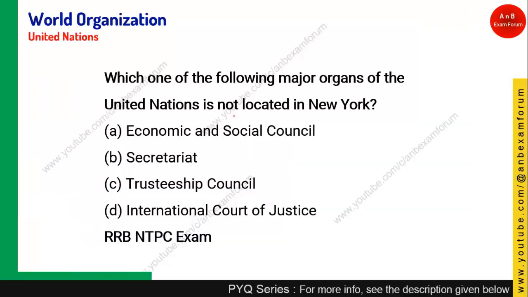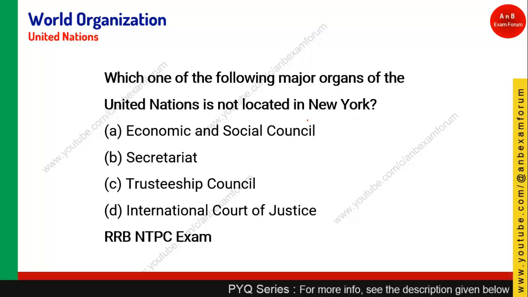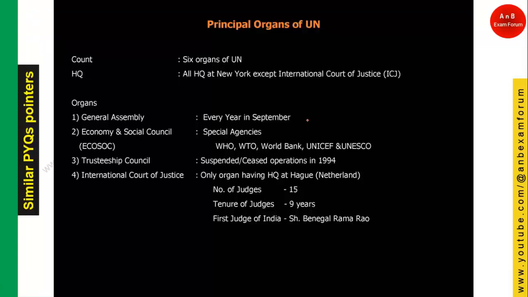Coming to the next question. Which of the following major organs of the United Nations is not located in New York? This question was asked in RRB NTPC, and before answering it, let's see the major organs of the United Nations. There are basically 6 principal organs.